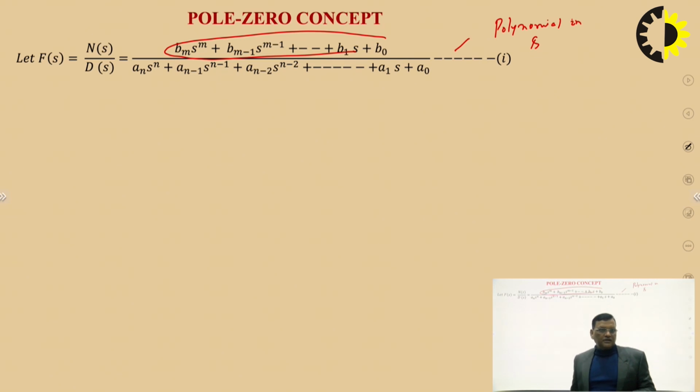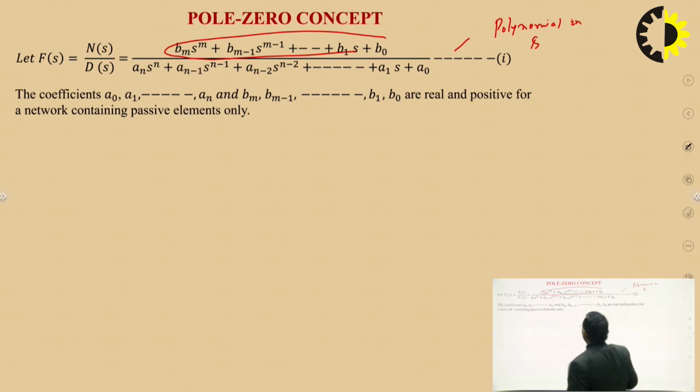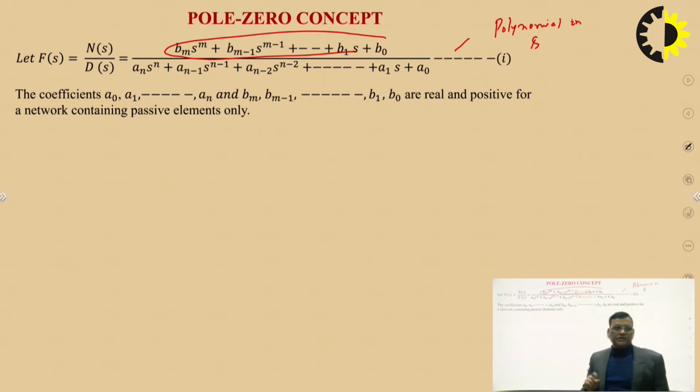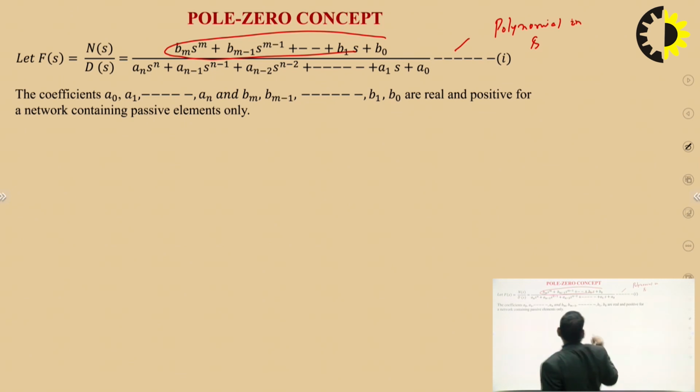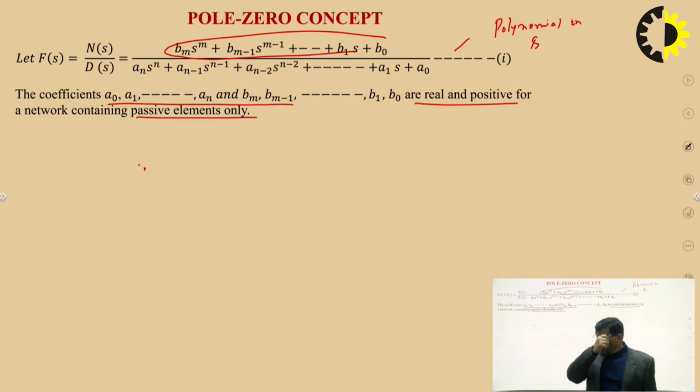Once the network function is given in the form of polynomial, what are these coefficients bm, bm minus 1, b1 and b0, similarly an minus 1, an minus 2, a1 and a0? These are the coefficients and they are real and positive for a network containing passive elements only. So if the network contains passive elements, we get a0, a1, an, b0, b1, bm as real and positive.